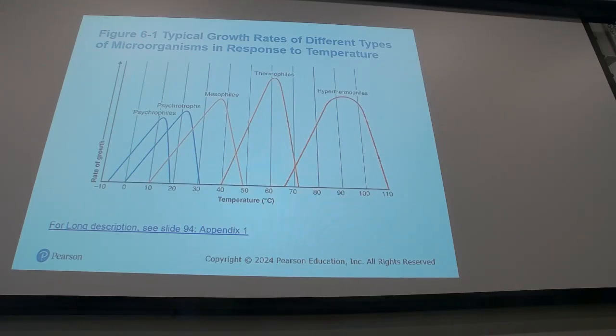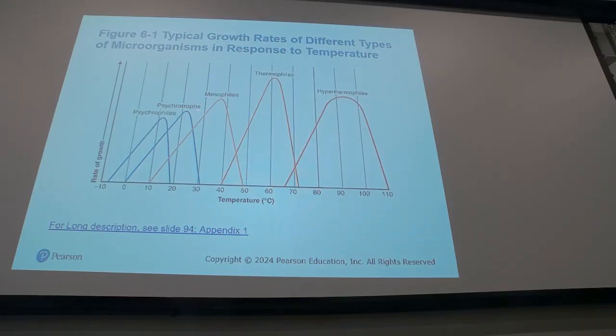So here is a graph showing you the different microorganisms, and we have some that love colder temperatures or really, really high temperatures. So we have also other categories besides the three that we saw. So these are the psychrotrophs, mesophiles, and thermophiles.